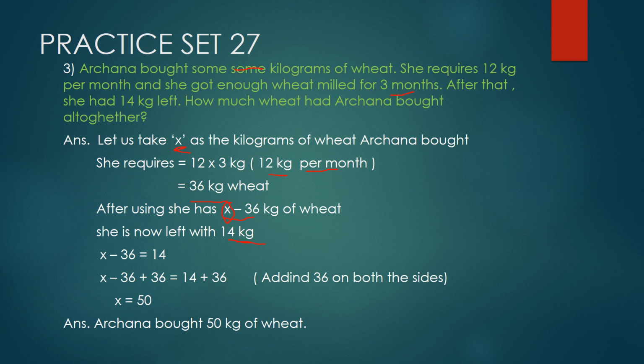From the total amount which she has, that we don't know and have taken as x, she has used 36 kg, and after that also she is left with 14. So x minus 36 is equal to 14. I repeat, this is the amount which she has, which we don't know, so we have taken it as x. She has already used 36 kg of them, but she still has 14 left.